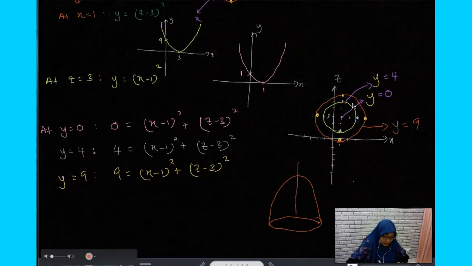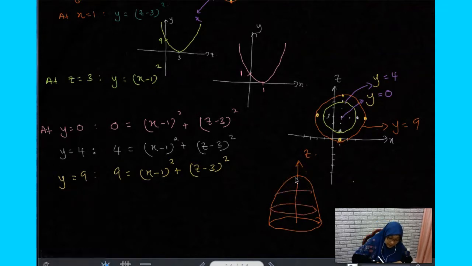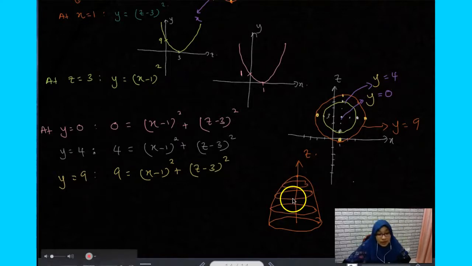so this is your height, maybe in this case z. When you increase the z, your circle becomes smaller and smaller and smaller. You can see that it becomes smaller and smaller and becomes a dot. So you know that you have the bowl concave down.